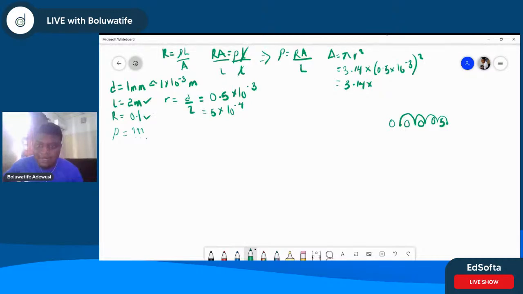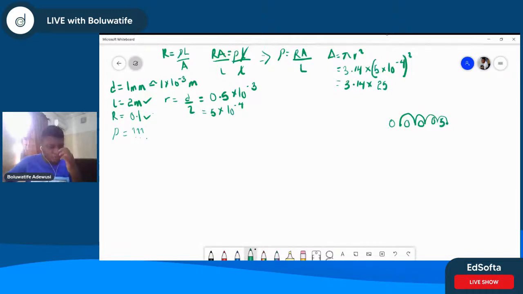So I can write this as 5 times 10 to the power minus 4, all squared. Okay, so I know 5 squared is 25. So this is the trick.